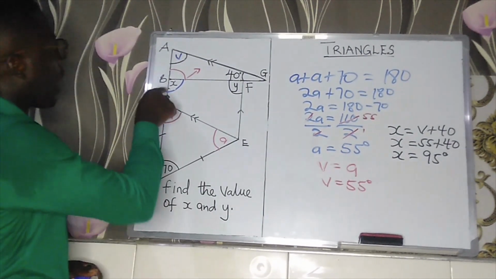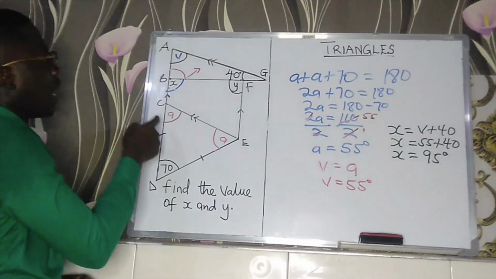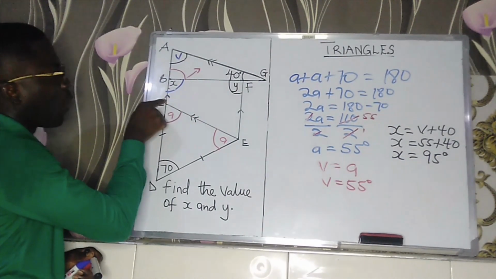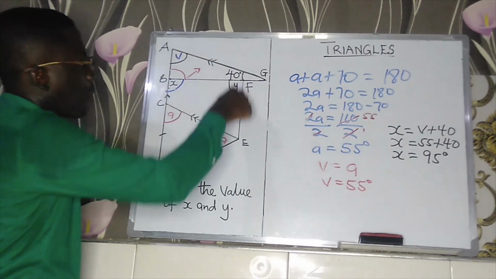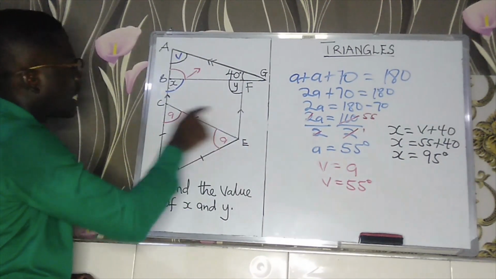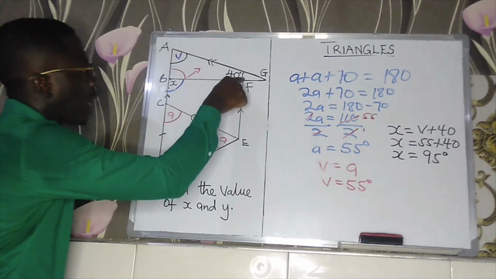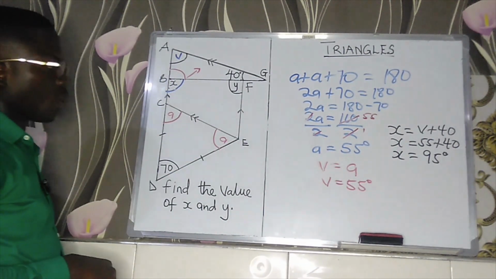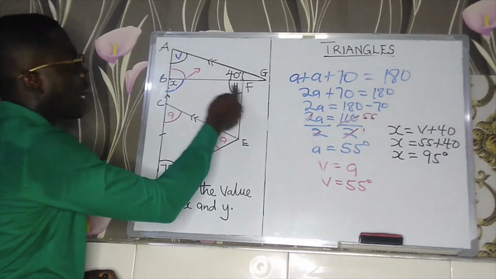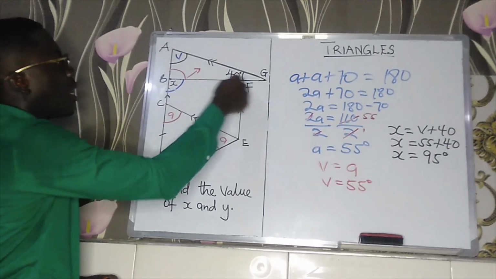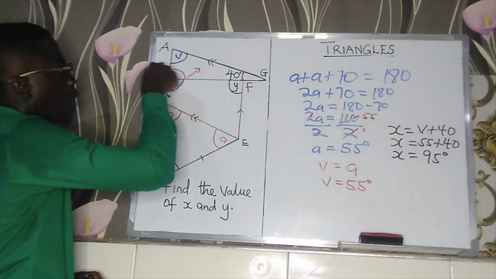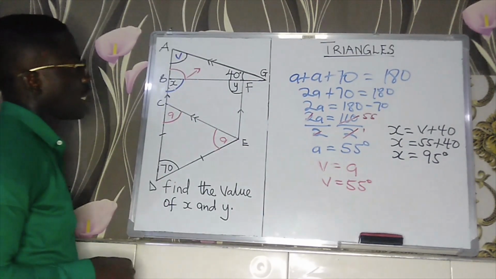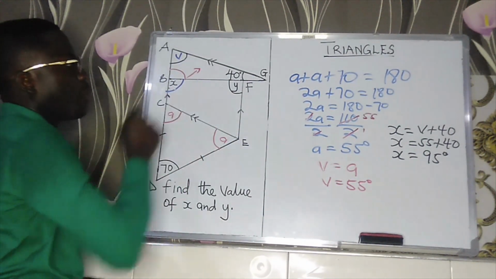Good. Now that we have the value for x, there is another one arrow on this particular line. Line AD has one arrow and line FE has also one arrow. It means this line is parallel to this particular line. Good. And so we are saying whenever angles are within the parallel lines and they are at one side of the transversal line, then they become co-interior angles.